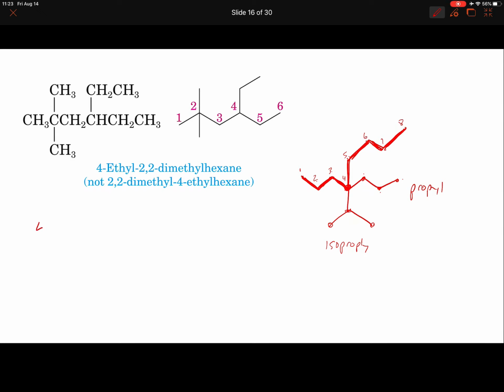So this is 4-isopropyl, 4-propyl, 8 carbons, octane. 4-isopropyl, 4-propyl, octane. So just as an example from your book.